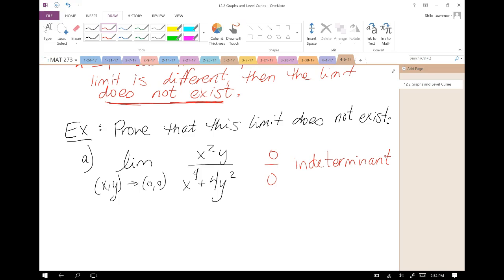We're going to show this by approaching 0, 0 along different paths and showing that we get different answers along different paths. So we cannot fix this one with algebra.